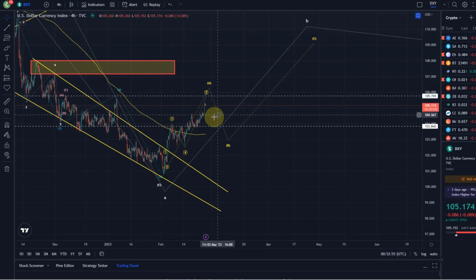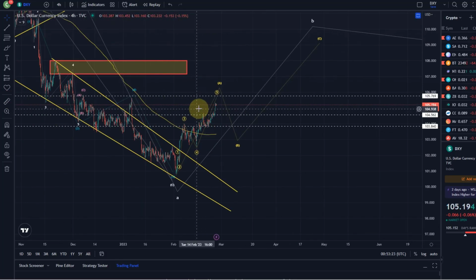I highlighted in the last video that if we break above this ceiling and resistance at 104.56, the next target will be 105.76, and I don't see any reason not to expect this level. It's also where we had previous resistance, around 105.70, maybe slightly lower. The previous high was at 105.65, so I'm looking at these highs as key resistance.